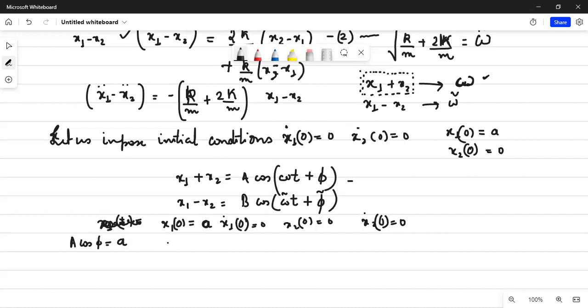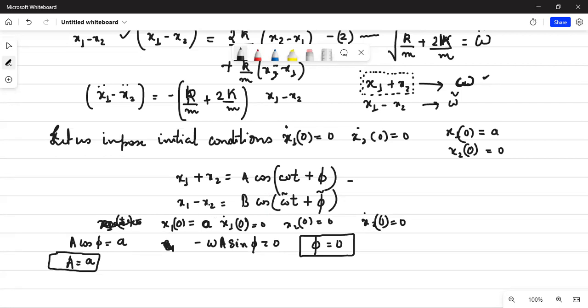And if I differentiate the above, I'll get x1 dot at 0 will be 0 and x2 dot will be 0, and I'll get minus omega A sine phi as 0. Is that clear? Which will give me that my phi must be some n pi. Let us take that initial phase to be 0 for simplicity, because there are many solutions to it, but let us take phi to be 0, one of them. So if I get rid of this phi, I'll get capital A is equal to small a.